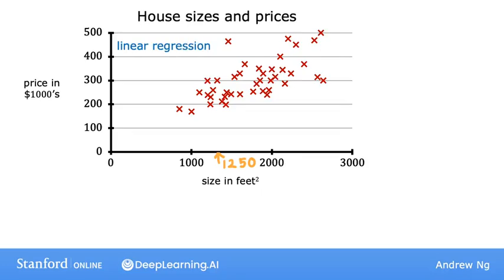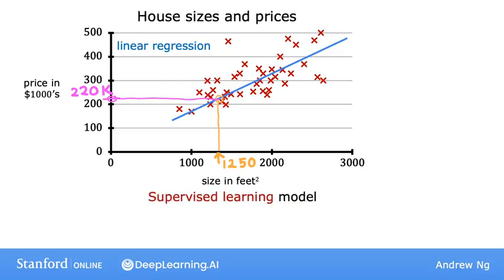Your model will fit a straight line to the data, which might look like this. And based on this straight line fit to the data, you can see that if a house is 1,250 square feet, it will intersect the best fit line over here. And if you trace that to the vertical axis on the left, you can see the price is maybe around here, say about $220,000.